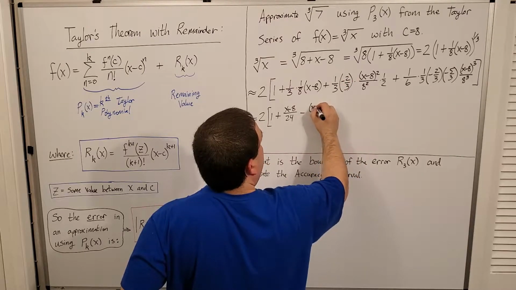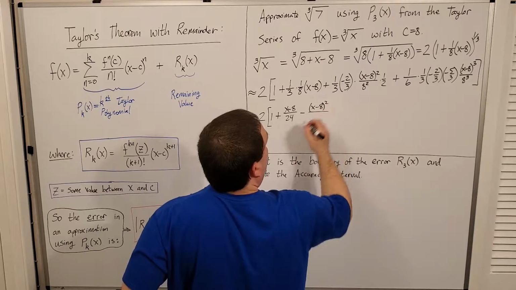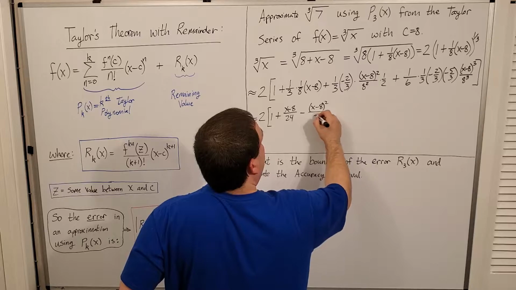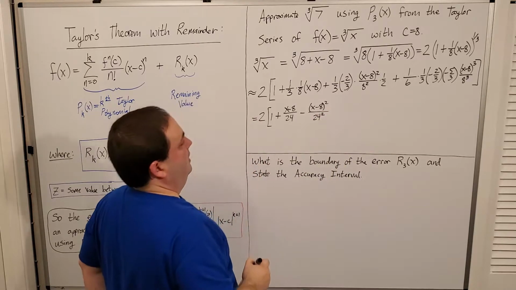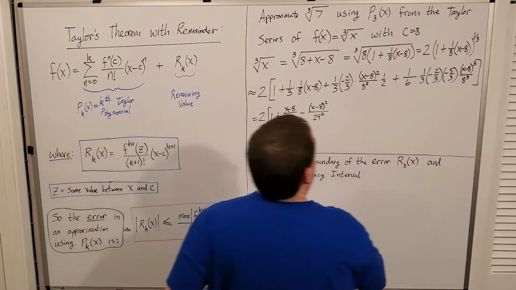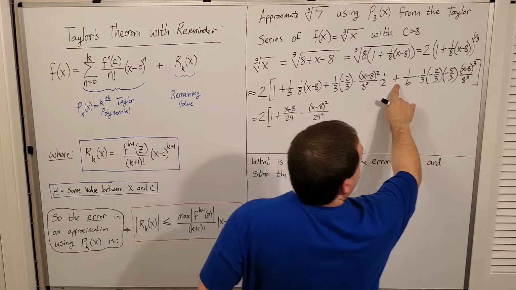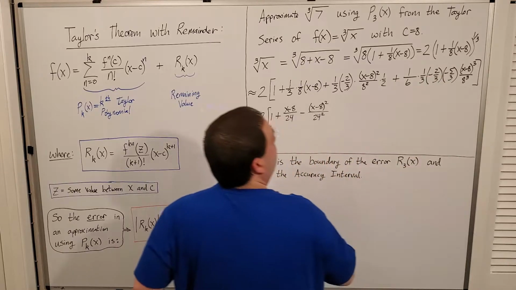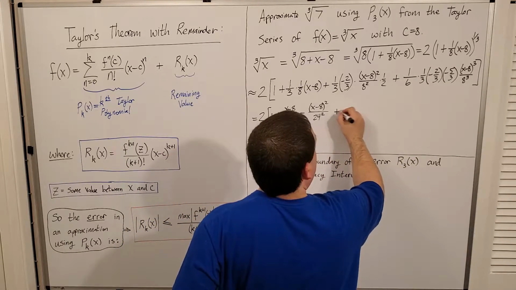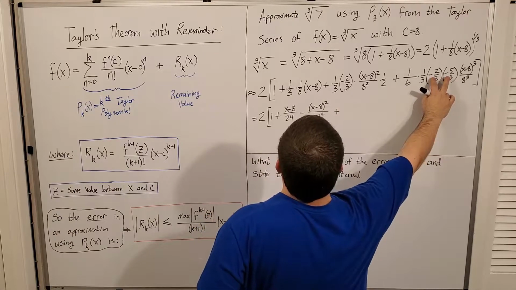So I've got x minus 8 squared over, that's going to be 24 squared. That's fun, right? Okay, plus, and then yes, I actually have the plus here on that one because of the double negative here.